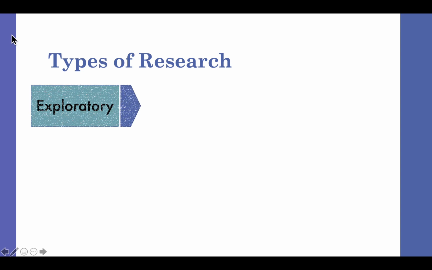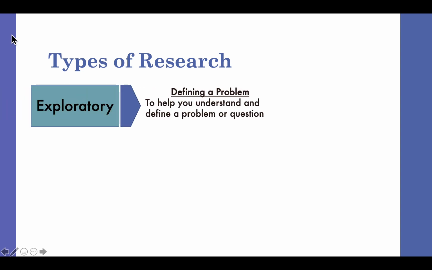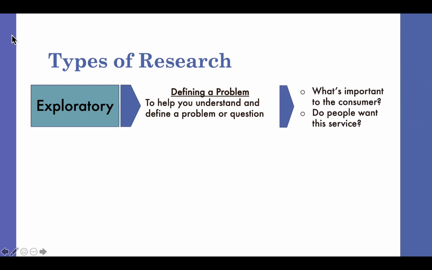So the three types of research. First is exploratory, and remember this is helping you define a problem. We looked at focus groups and interviews and digital ethnography and personal ethnography in really trying to define a problem or a question or learn more. And remember as well that exploratory research also includes literature search.